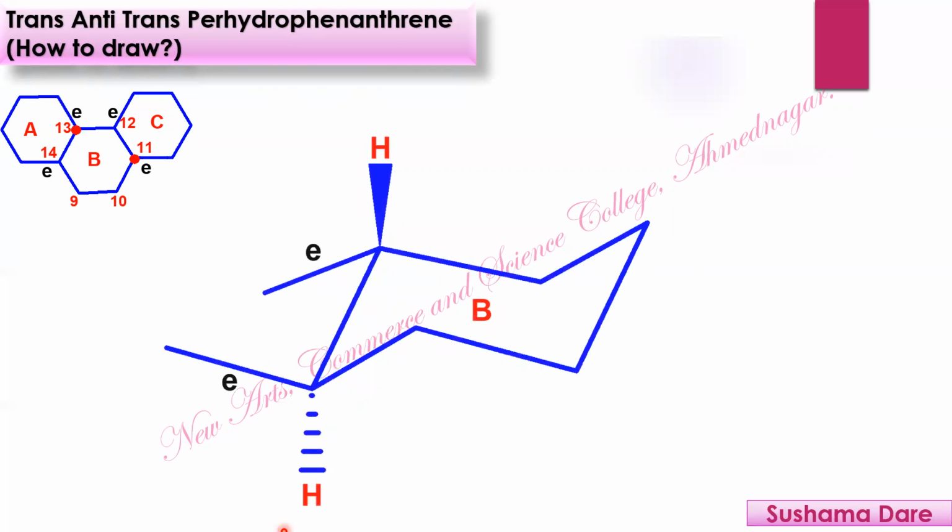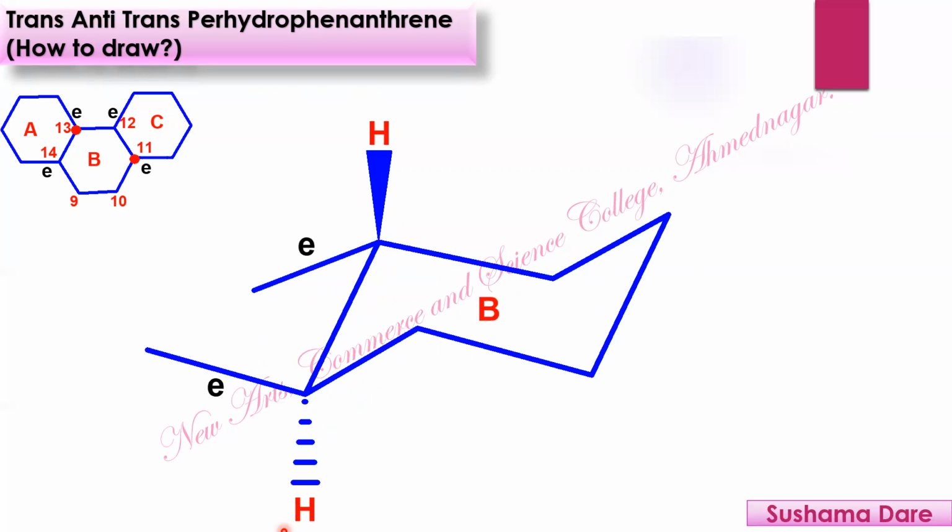The second thing is what? After putting the hydrogen, whatever equatorial bonds remain, those equatorial bonds we have to draw. And after drawing the equatorial bonds, the next duty is to complete the ring. So 1, 2, 3.